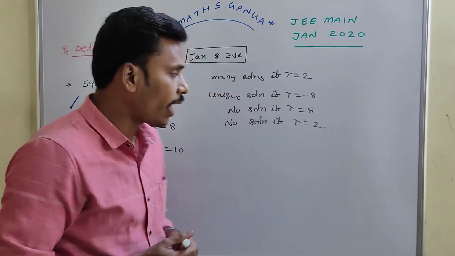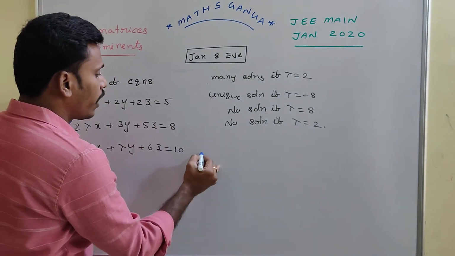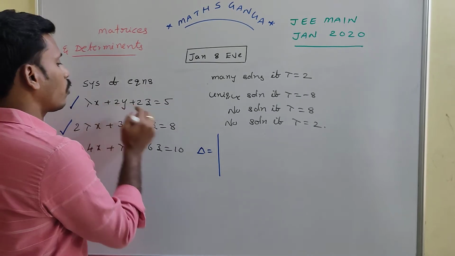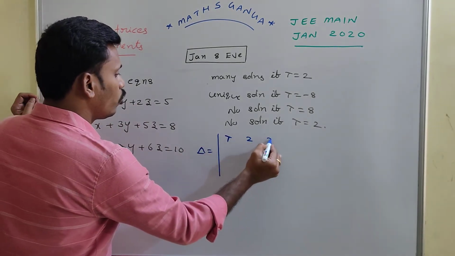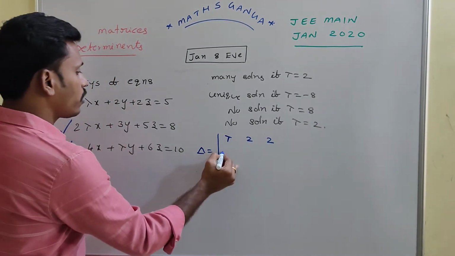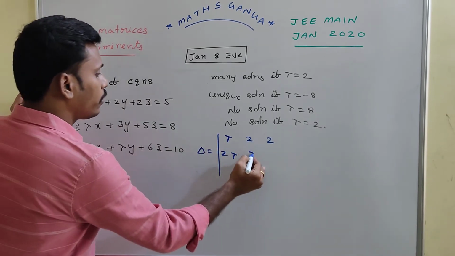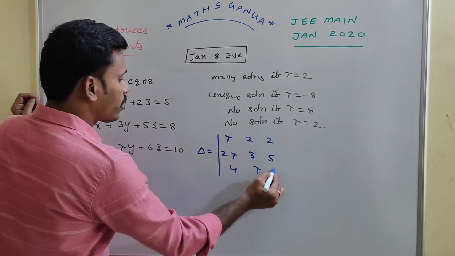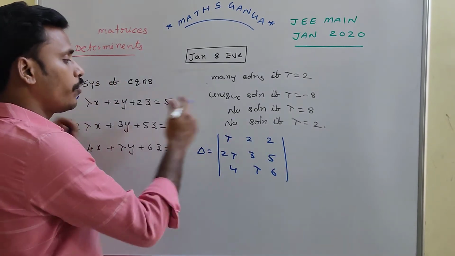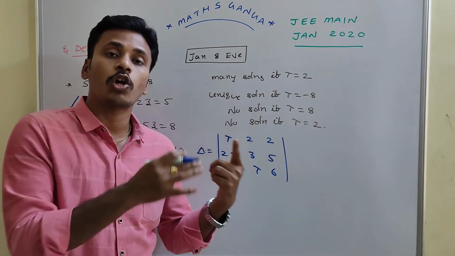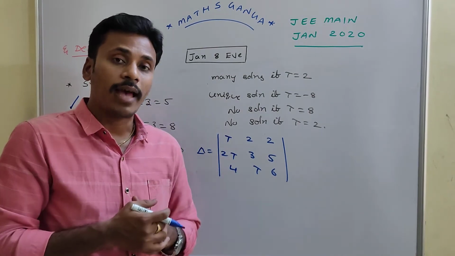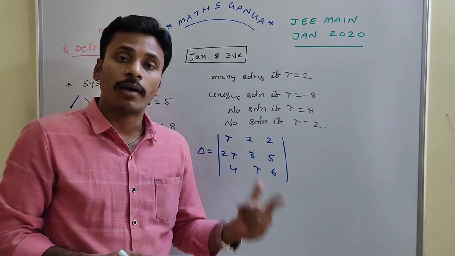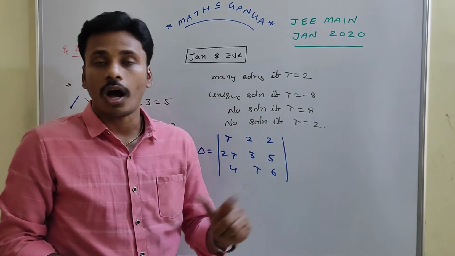First of all I need to calculate the determinant delta, which is the determinant of the coefficient matrix. The coefficients are lambda, 2, 2, then 2, 3, 5, and then 4, lambda, 6. If this determinant is not equal to 0, then the system has a unique solution. If this determinant equals 0, then the system has either infinite solutions or no solutions.